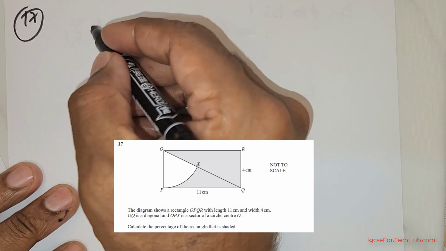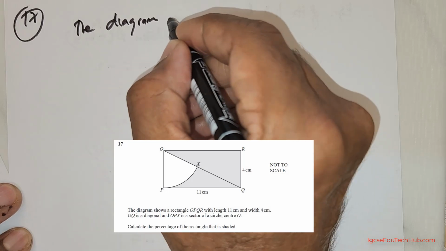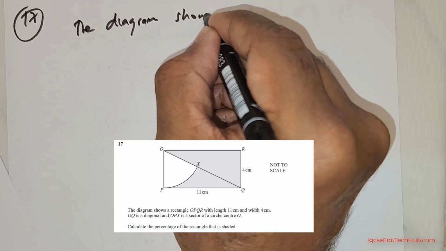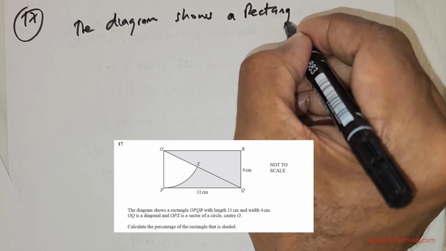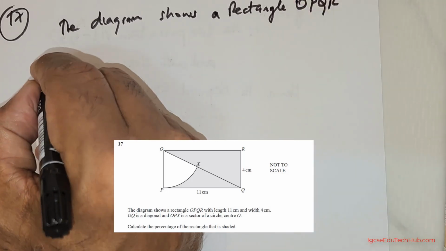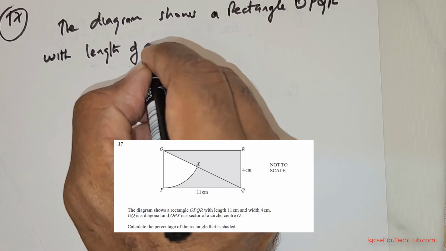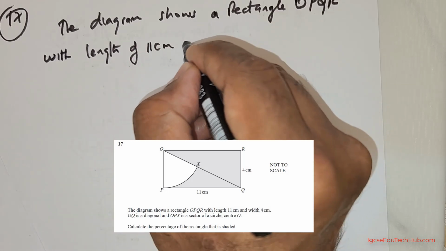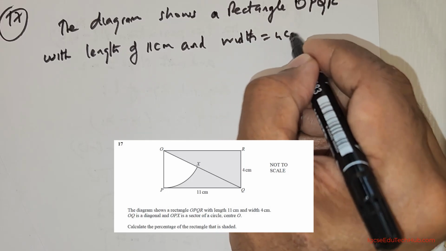Students, this is question number 17. The diagram shows a rectangle OPQR with length of 11 cm and width is 4 cm.